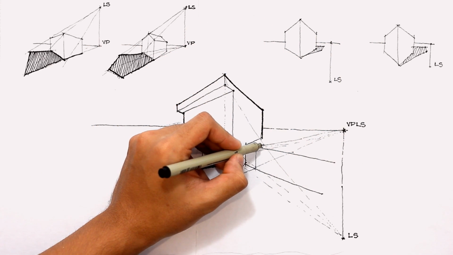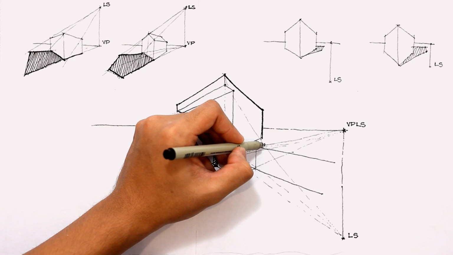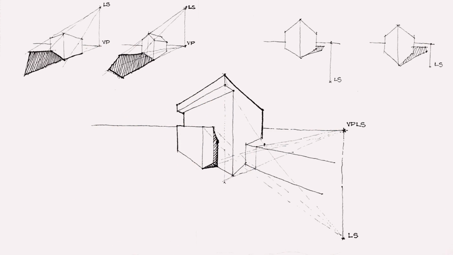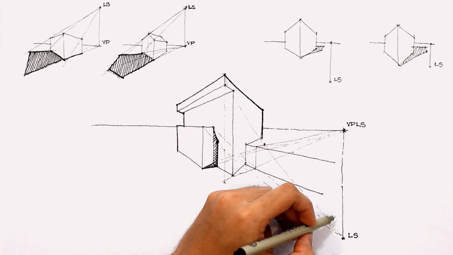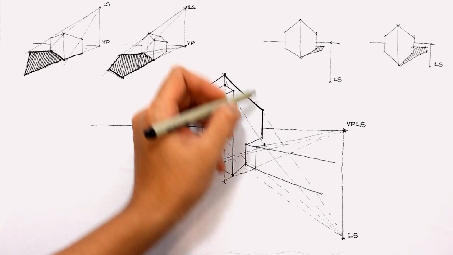And then the line that intersects with the light source line will be the shadow edge. Next, we identify the rest of the edges to connect the shadow.